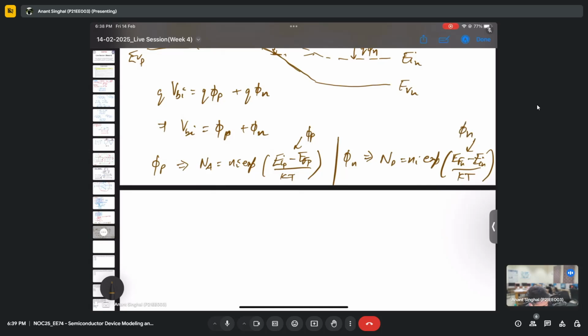This is nothing but phi n. So if I take log on both sides, I can write KT by Q. So this will be Q phi p, that is why I have written KT by Q, and ln will be Na by Ni. And phi n, similarly I can write KT by Q ln Nd by Ni.